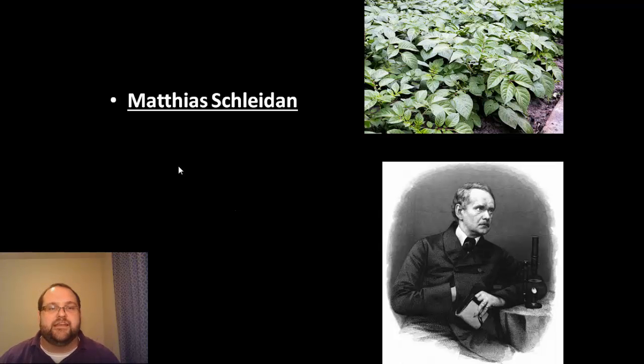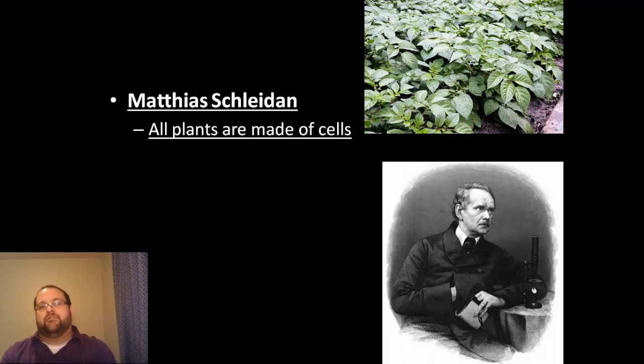Another scientist, Schleiden, had the same contribution, except he looked at plants. He looked at all these living organisms, all these plants, and concluded that all plants are made of cells. These two scientists, along with other scientists, came together and started to develop what is called cell theory. Because of these great discoveries and the idea that all plants and all animals are made of cells, we built on that and came up with cell theory.